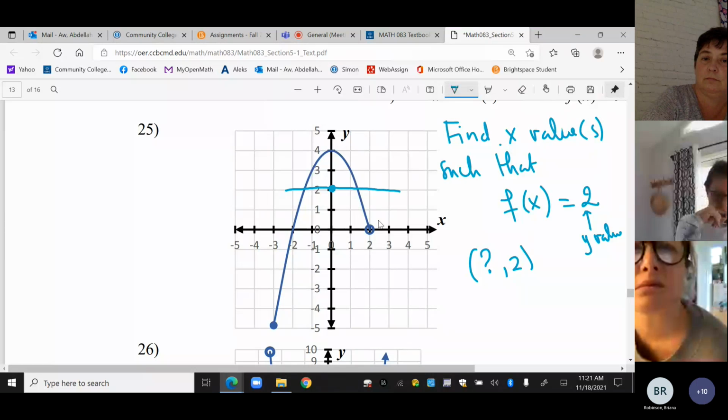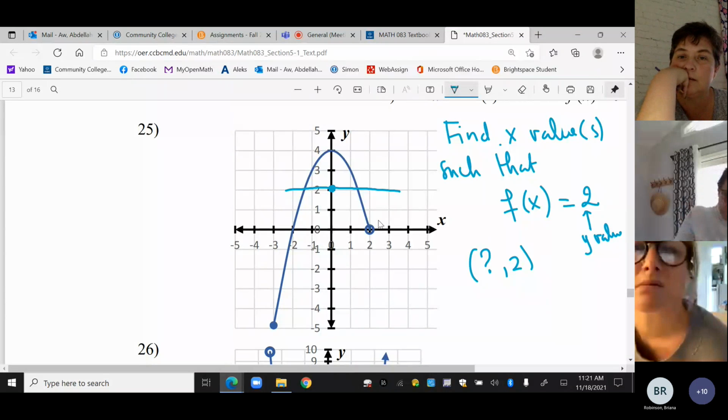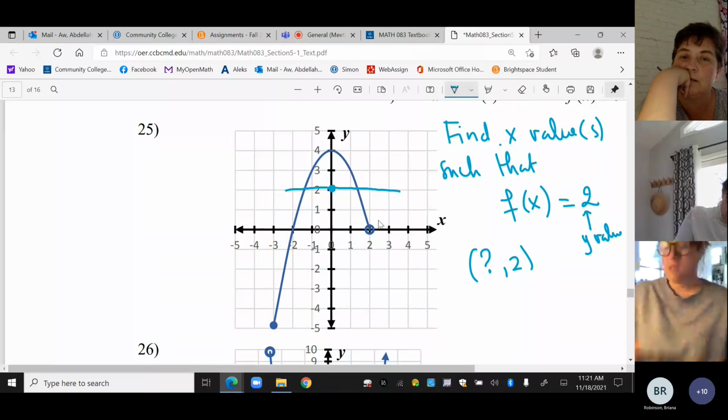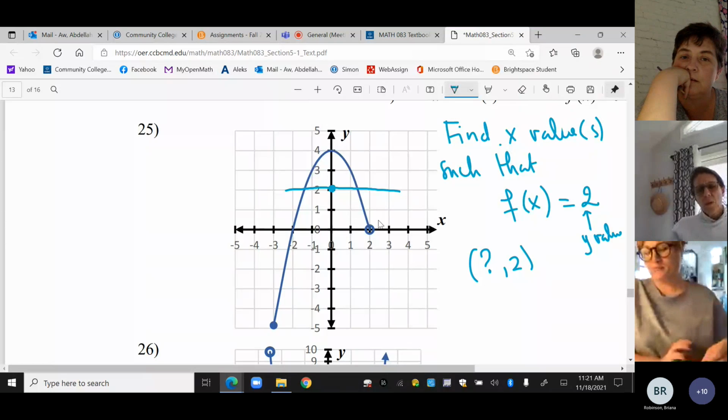And every time we hit the graph, we're going to try to read the x. Now, the horizontal line is not a problem if it hits the graph 1,000 times. We don't have a horizontal line test to know if it is a function. We have a horizontal line test to know something else.